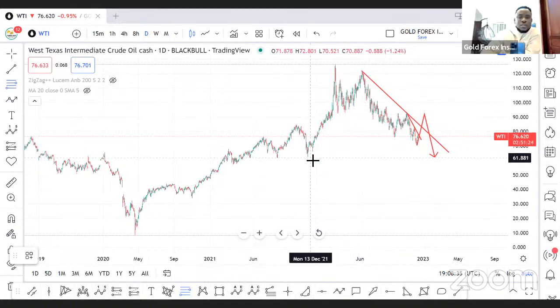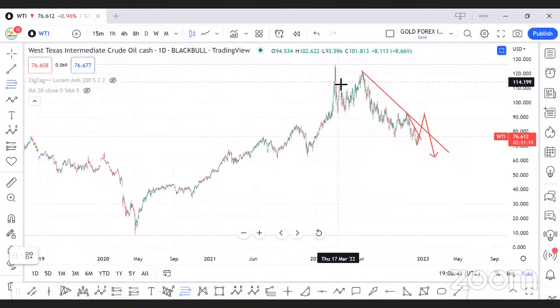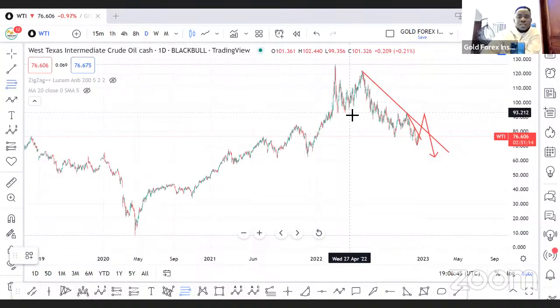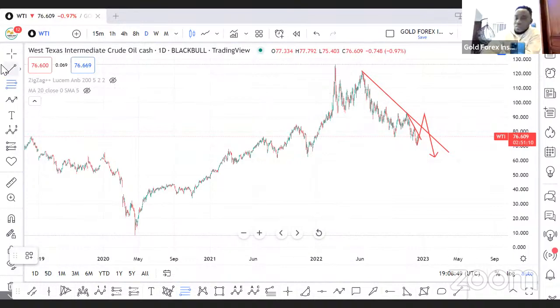Move the mouse left. So this is my left, and this is my right.